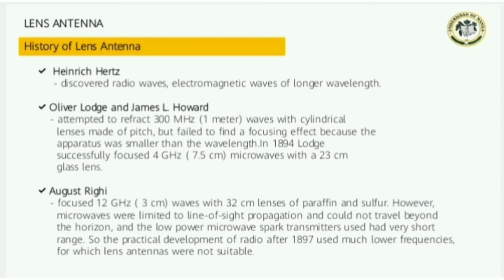However, microwaves were limited to line of sight propagation and could not travel beyond the horizon, and the lower power microwave spark transmitters used had very short range. So the development of radio after 1897 used much lower frequencies for which lens antennas are not suitable.